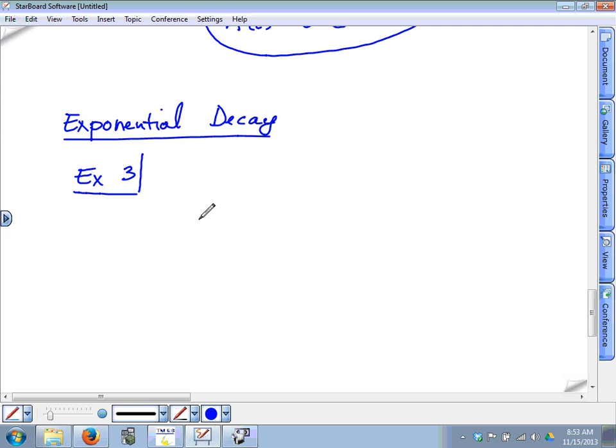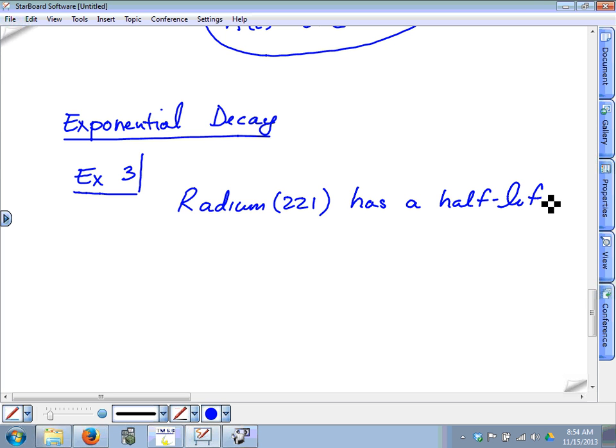What's everybody's favorite radioactive isotope? Radium, there we go. That's exactly, and it's radium-221. That's the best asymptote, or isotope of radium. Radium-221 has a half-life. What? Has a half-life of 30 seconds.